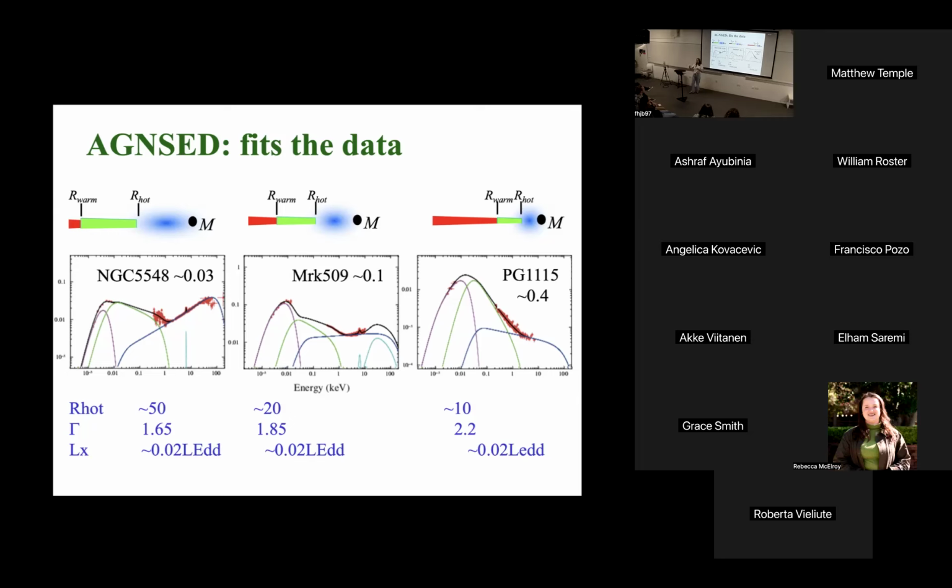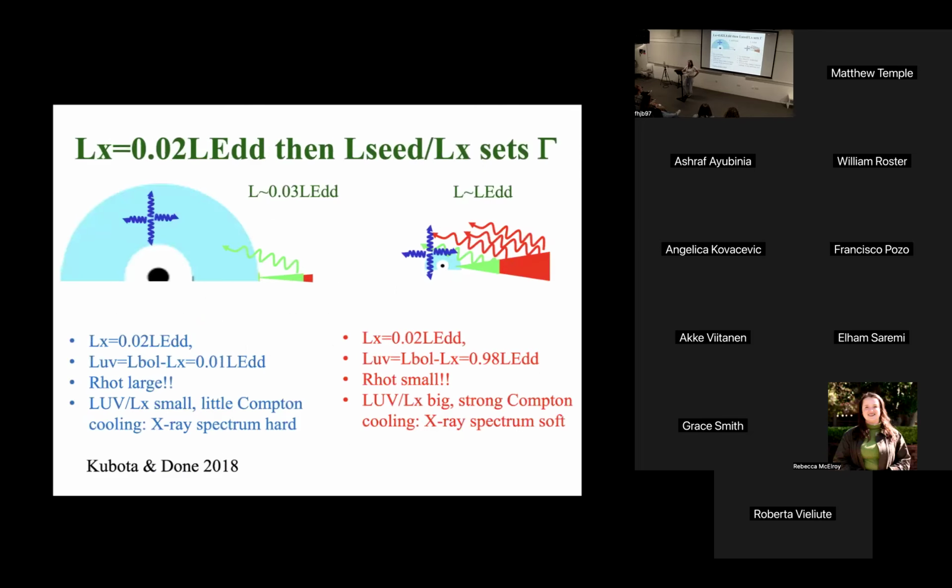Not 2% of the bolometric, but 2% of Eddington. And then you can estimate the radius over which you need to accumulate the accretion power, and that radius is going in. So this gives you a way of understanding the much steeper spectra.